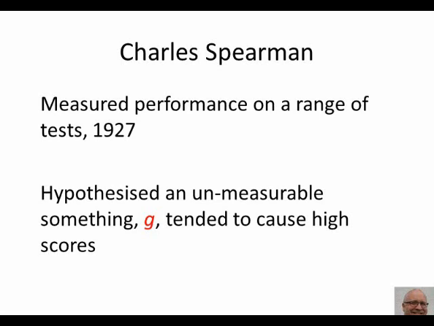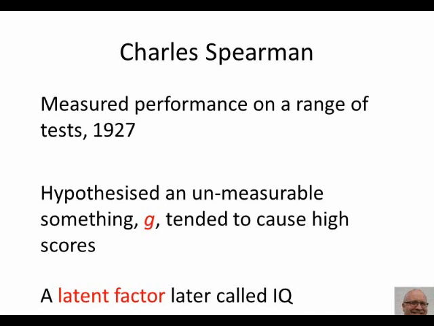Now, it's been criticized since then because it was culturally situated. It depended on levels of education and assumptions about what intelligence was. But it's moved on since then, and we call that latent factor IQ. And we still dispute what it is, but everybody agrees you cannot measure it directly. So if we talk about real customer satisfaction, we can't measure it directly.